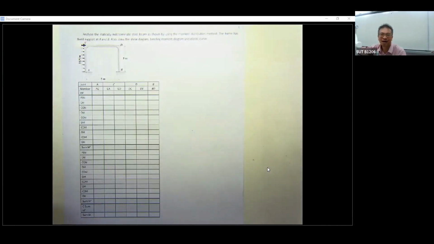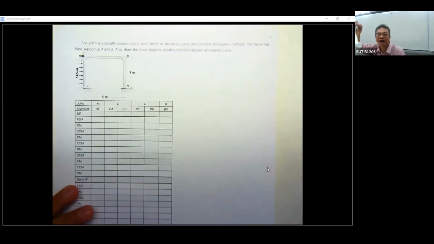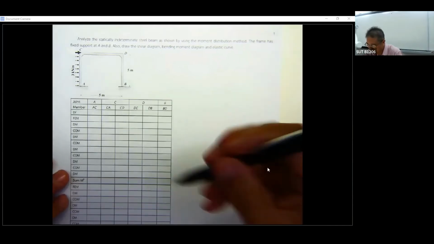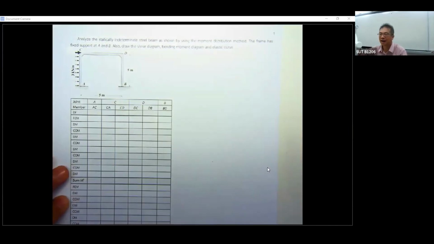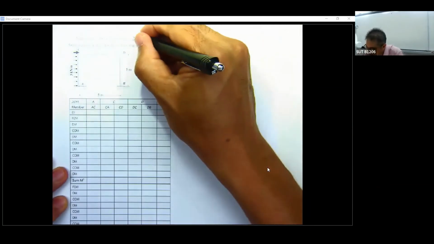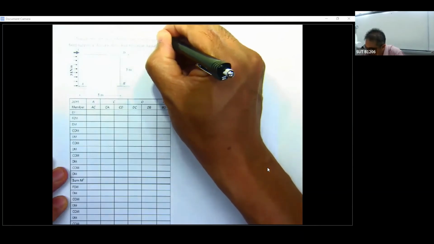Okay, just for you to have more exercise on this. The frame has a fixed support at A, okay, and also a fixed support at B. So this steel frame will have a degree of indeterminacy of 3.